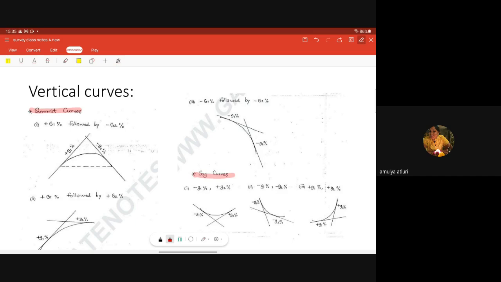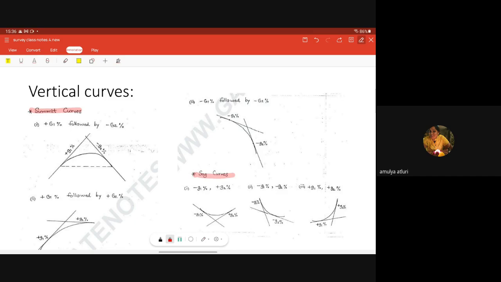If a positive gradient is followed by a negative gradient, then it is a summit curve. So what are vertical curves first? Where do we use vertical curves? They are used to connect two different grade lines of railways or highways, to smooth out the changes in the vertical motion.